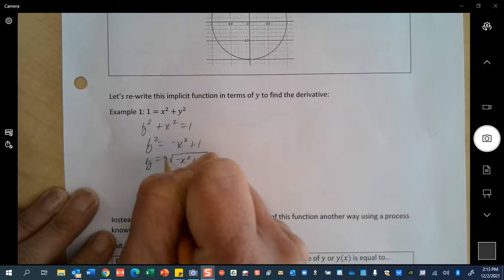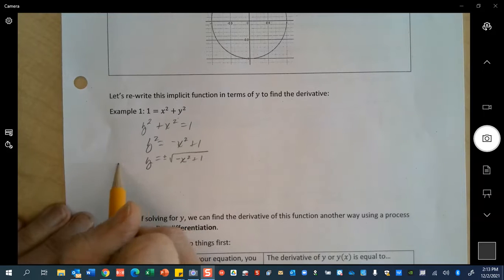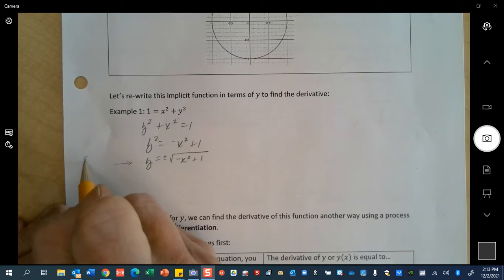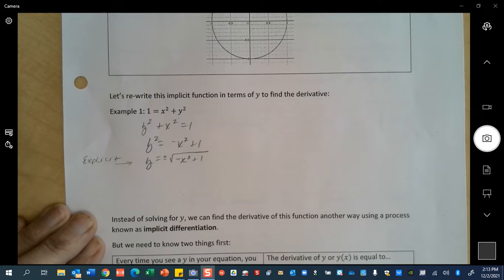And then, of course, don't forget about your plus or minus. So we can rewrite that implicit function as an explicit function.